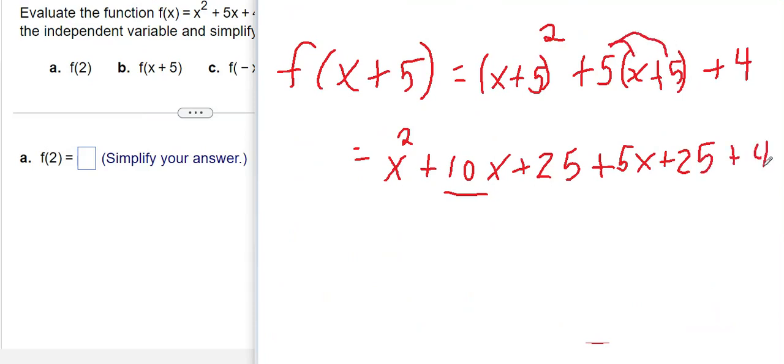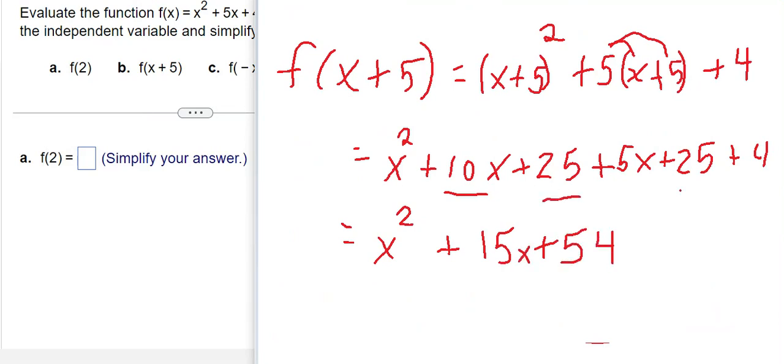And then there's a plus 4. So last thing, combine like terms: x squared, 10 and 5 is 15x, plus, there's got to be an x in there, 54, because 25 plus 25 plus 4 is 54.